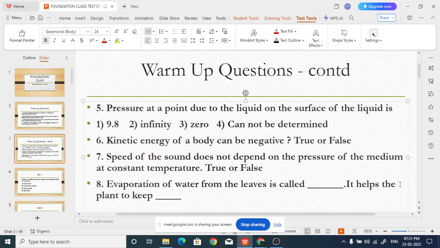Cool. Yes, it helps the plant to keep cool. Okay? That is the answer. Okay, very good. Right. We'll go to similar things.